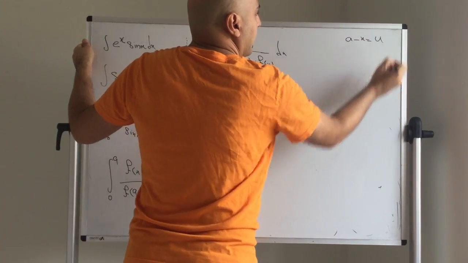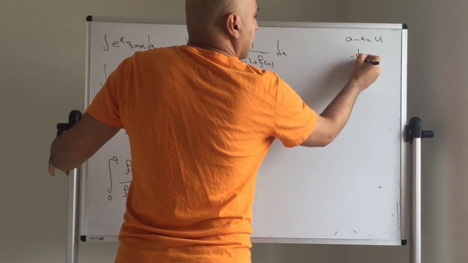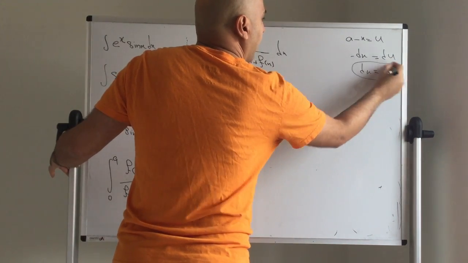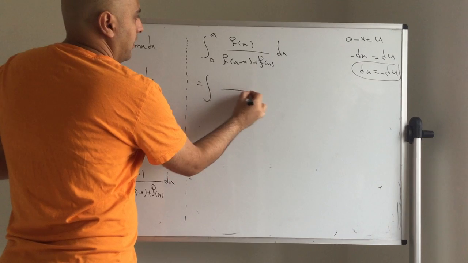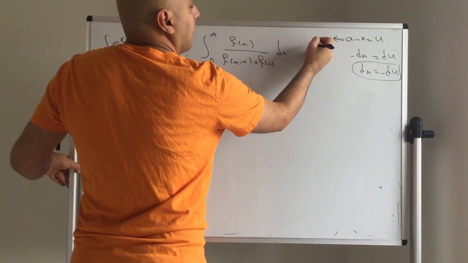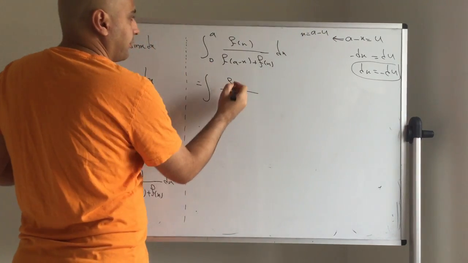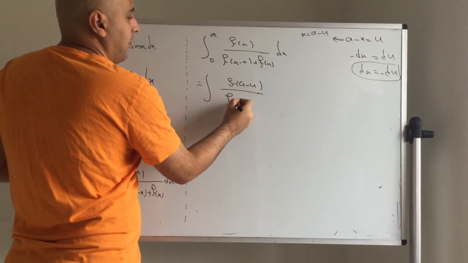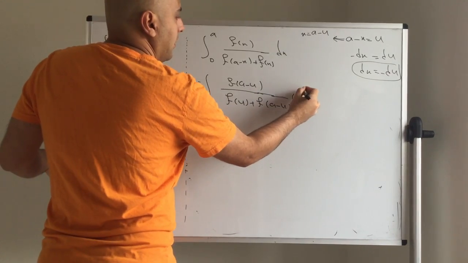Okay, variable change u equals a minus x, so dx equals minus du. Let's see what happened here. From here I will have x equals a minus u, then here f(u) plus f(a minus u), minus du.